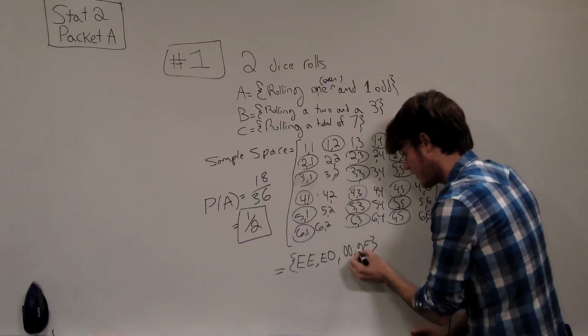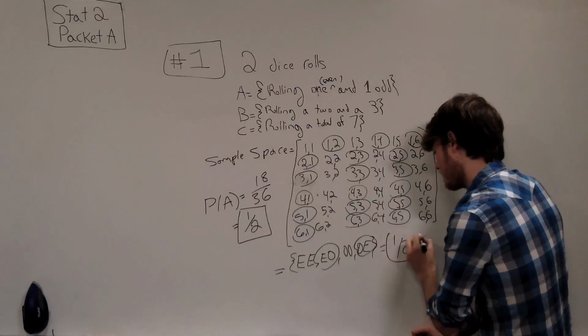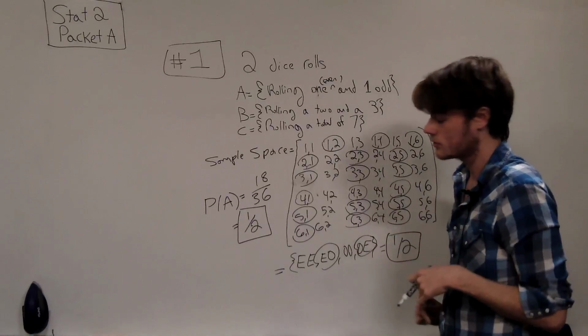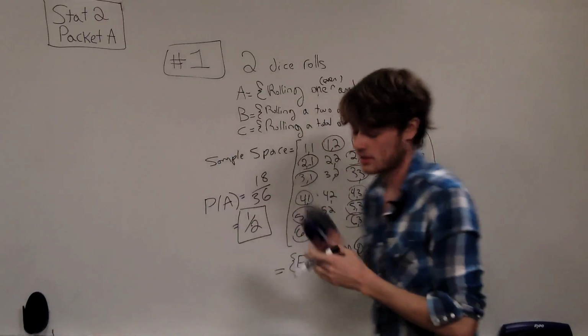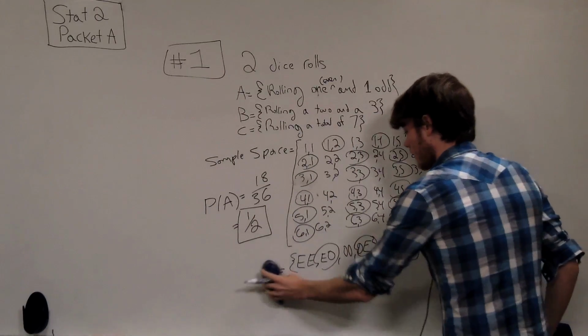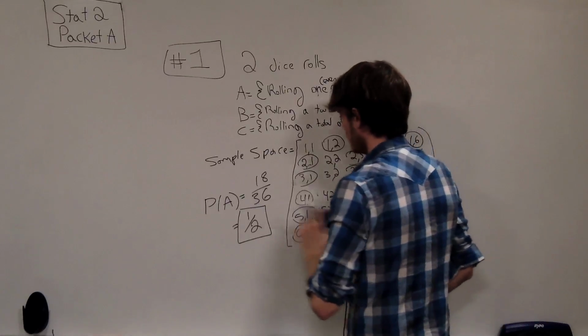Notice that this gives you the same answer. So there are just two different ways to do it. Whatever way you're comfortable with is fine. They're both equally correct. So that's the probability of A.